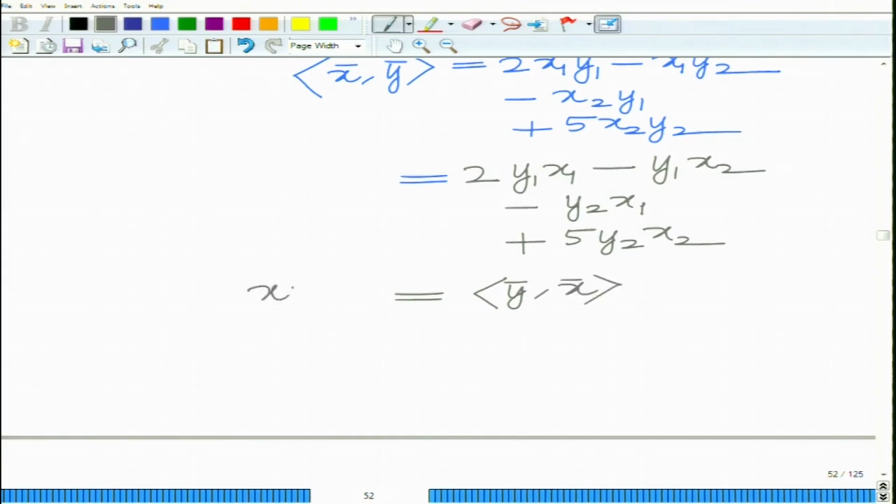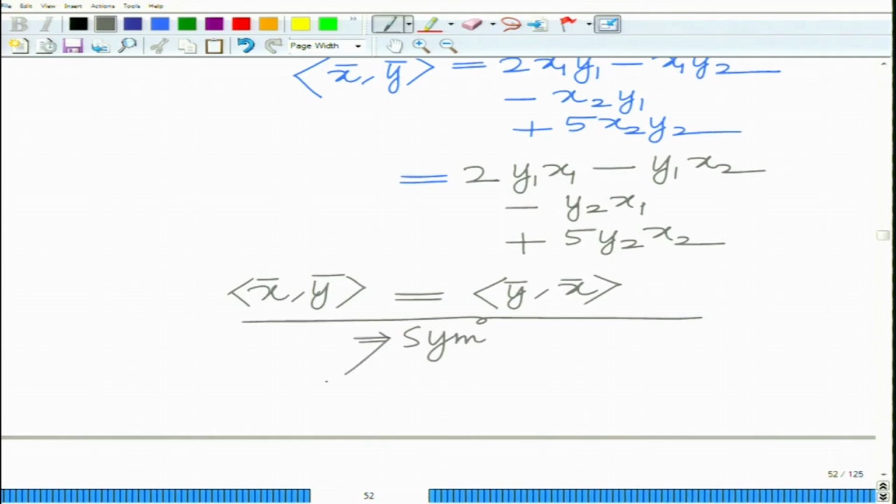So, we have x bar, y bar equals y bar comma x bar, and hence it satisfies the symmetry property.